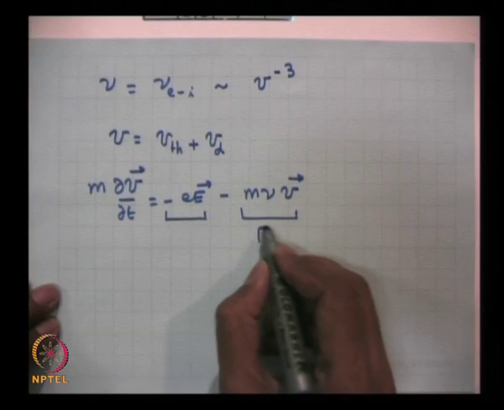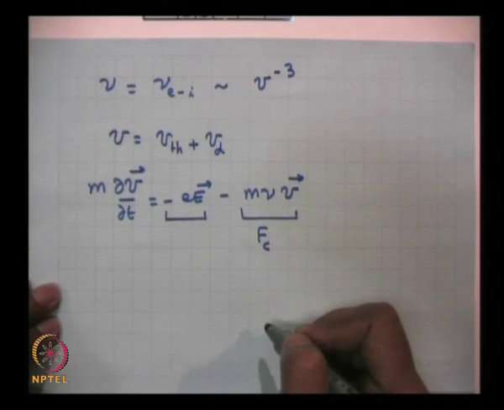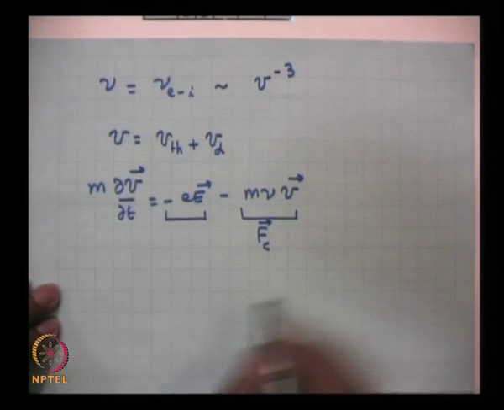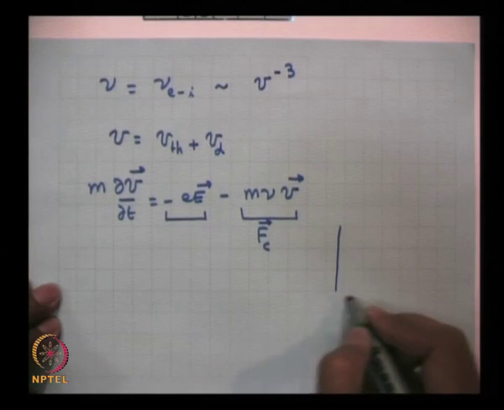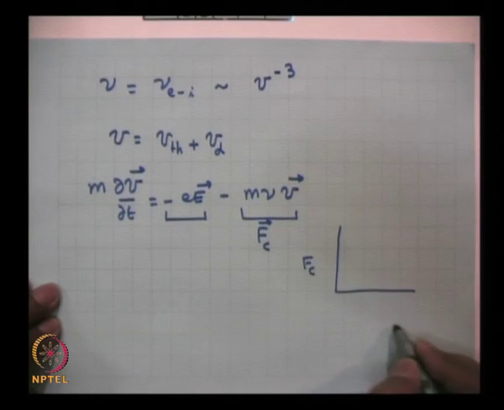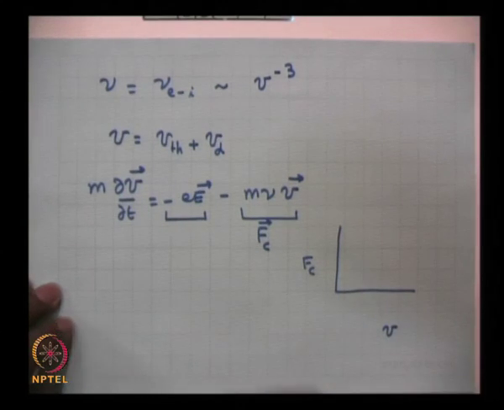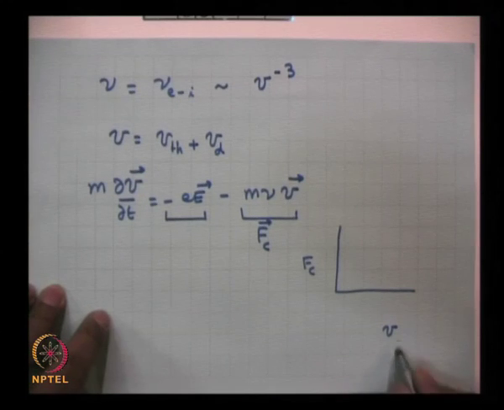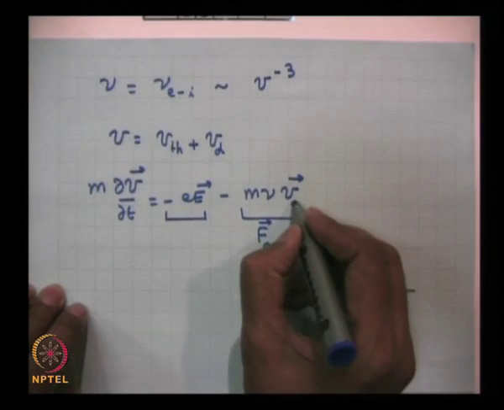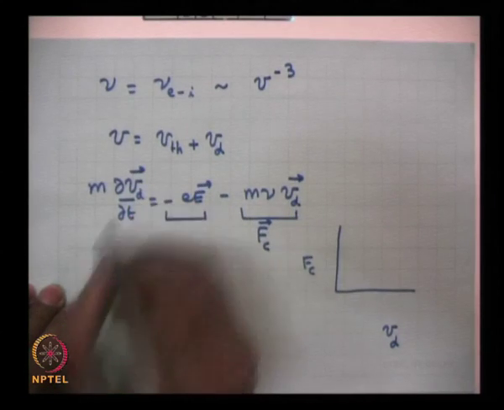Let me call this quantity Fc, collisional drag force, magnitude wise. I will plot the magnitude of this quantity. So, if I plot Fc as a function of, say, velocity Vd rather. If this equation is written for drift velocity, so let me call this Vd here and Vd there.